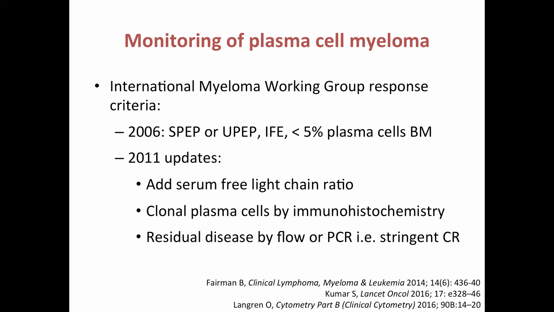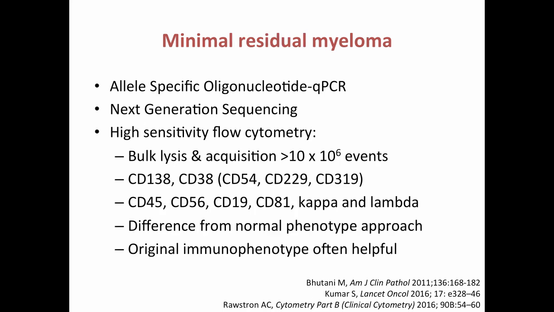Bone marrow specimens are often obtained to evaluate for response to therapy, with the goal of keeping the disease at a low level rather than obtaining a cure. The International Myeloma Working Group established response criteria and updated them in 2011 to include evaluation for minimal residual disease.